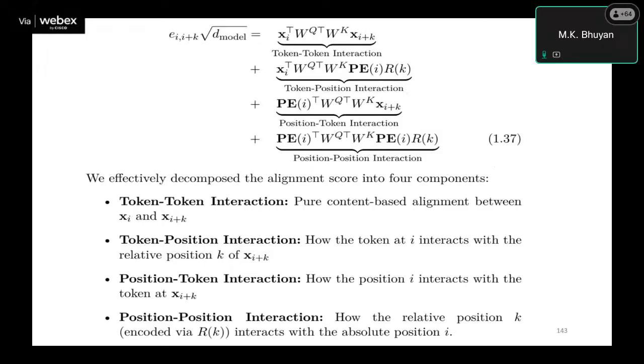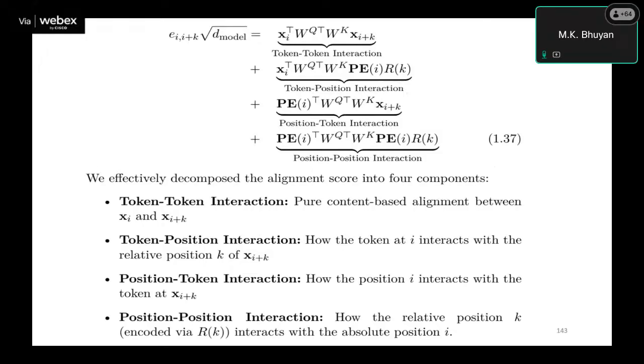If you see the second term, it is the token position interaction, which means the token at i interacts with the relative position k of x_{i+k}. The third one is the position token interaction, so the position i interacts with the token x_{i+k}. Finally, we get the position interaction, which is how the relative position k interacts with the absolute position i.